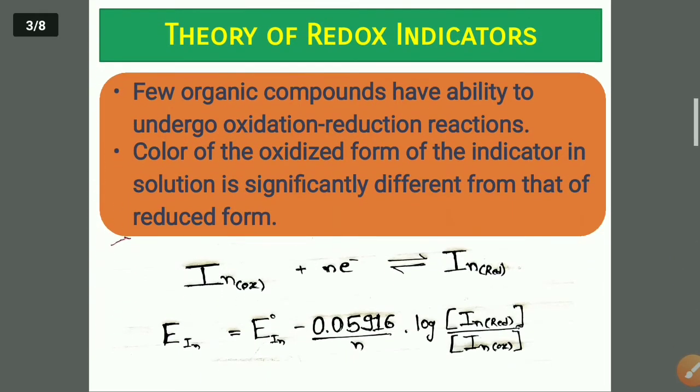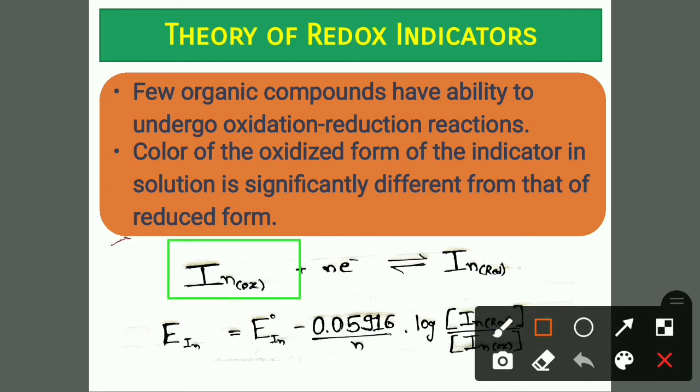Let's start. The theory of redox indicators. A few organic compounds have the ability to undergo oxidation reduction reactions. The color of the oxidized form of an indicator in the solution is significantly different from that of the reduced form. Here we have represented the general reaction of an indicator.